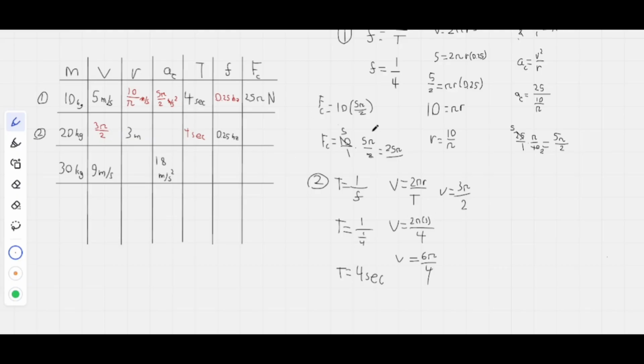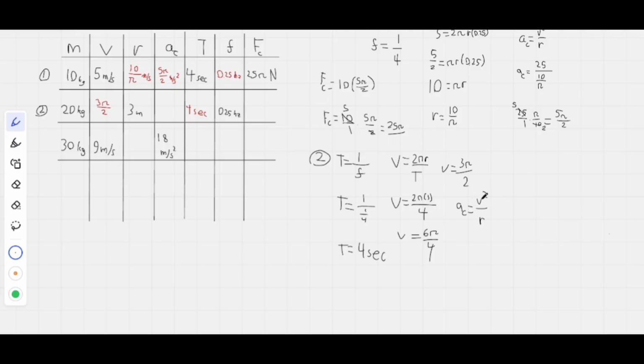Very quick and easy. So our AC, as the first formula that we learned, is V squared over R. Now, again, use a calculator for this one because we found our V is 3 pi over 2.